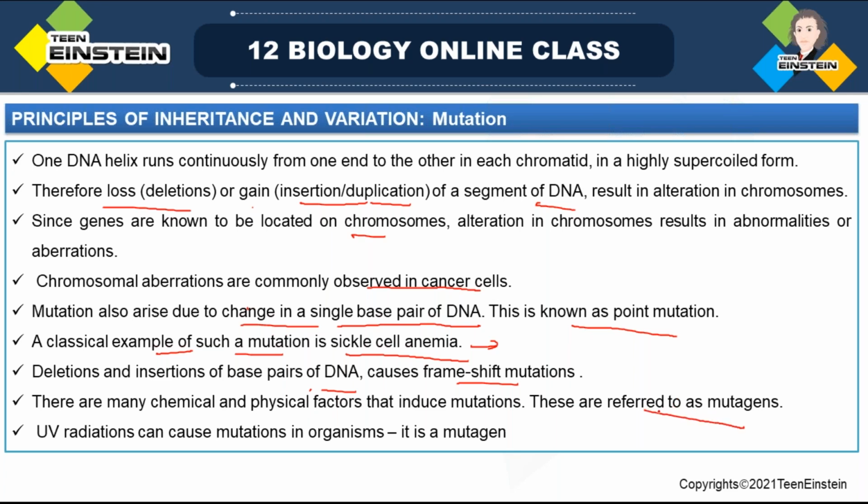The chemical or physical factors that induce such kind of mutation are referred to as mutagens. UV radiation can definitely cause mutation in organisms. This is called a mutagen.